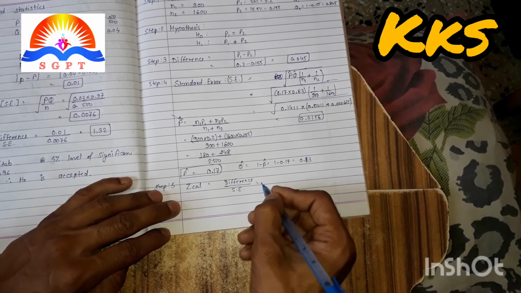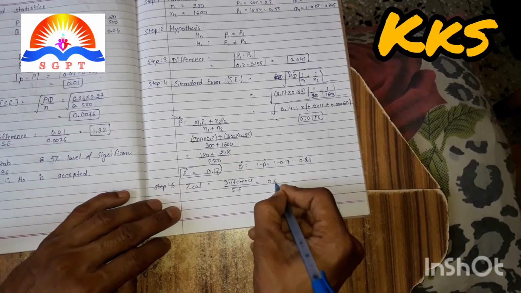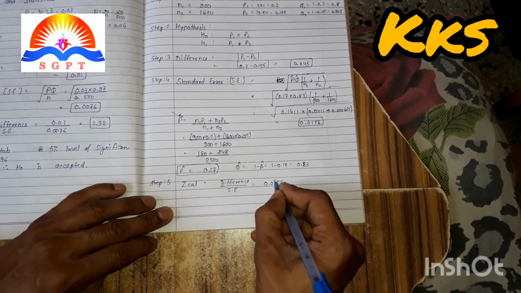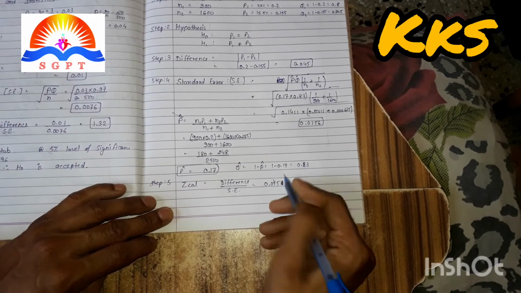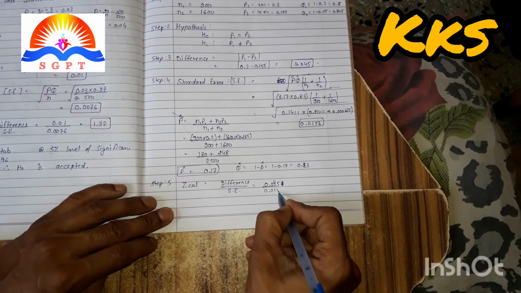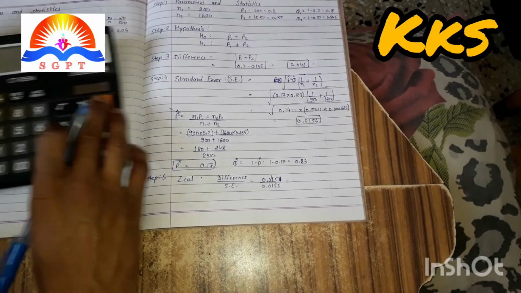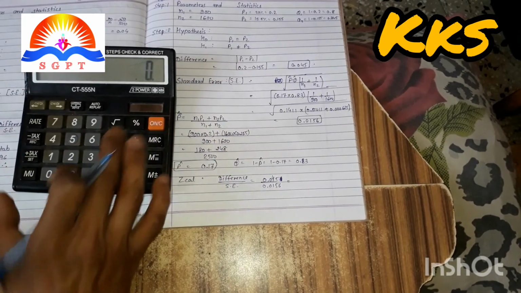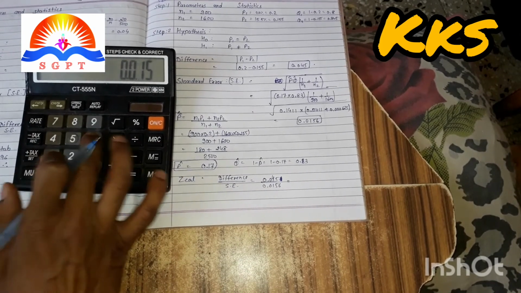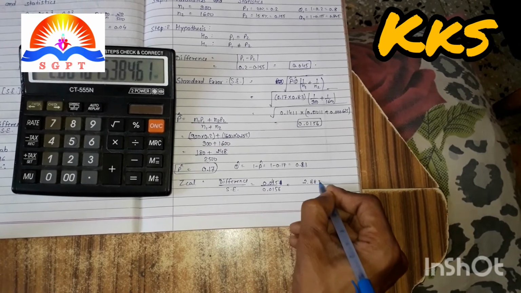The difference is 0.045 and the standard error is 0.0156. So how much do you get? Z is 0.045 divided by 0.0156, which is 2.88.